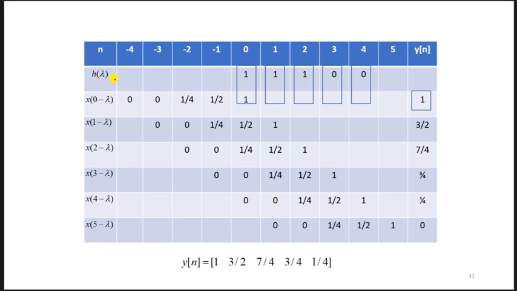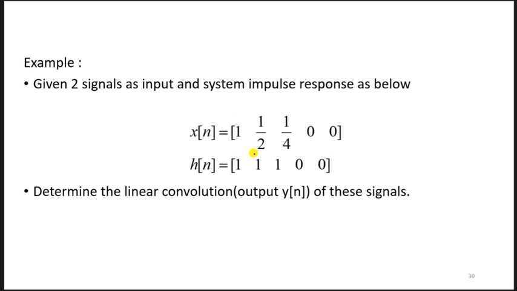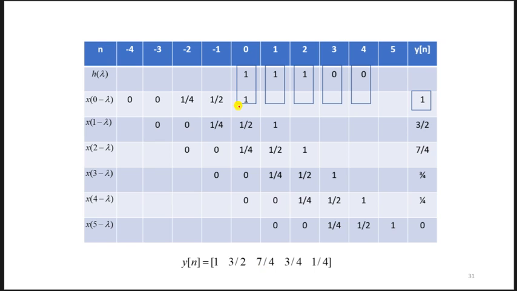Okay, so dekat sini as you can see, you ada this two signals. So when you fold means that all of the signals goes to the left. Alright, so dia align dekat n kosong ni. So dekat sini means that dia start daripada awal.